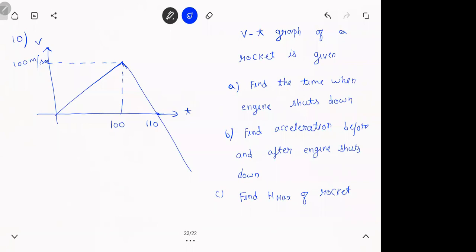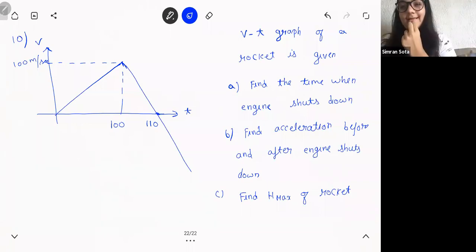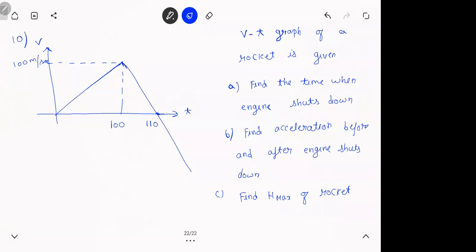Anyone else? Ria, what do you think? Not able to think. Asarin, anything? See, I'll tell you one thing. When the rocket is on, Simran. Is it 20 seconds? No. See, listen. Someone said 100, you're right, but your reasoning is wrong. Kamakshi. Tell me one thing, as long as the rocket is on, speed will increase.